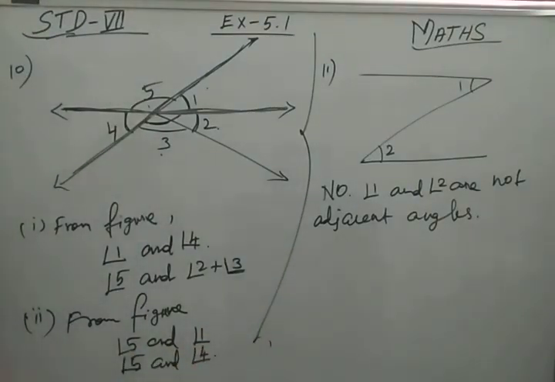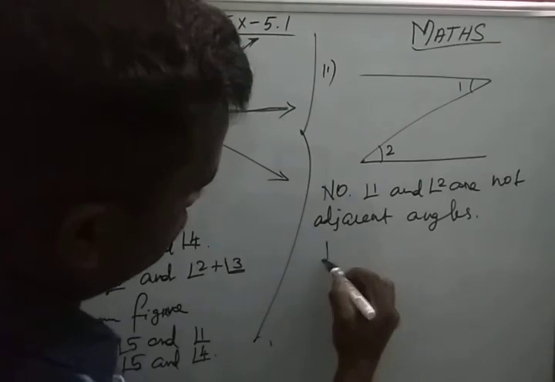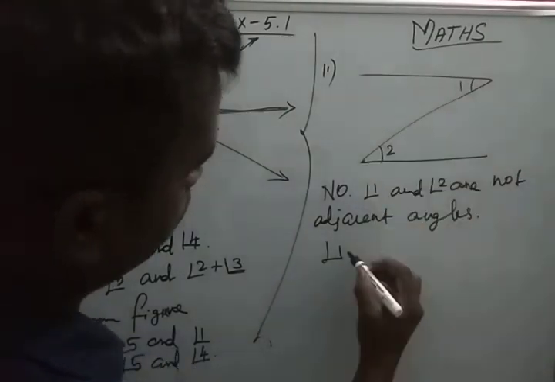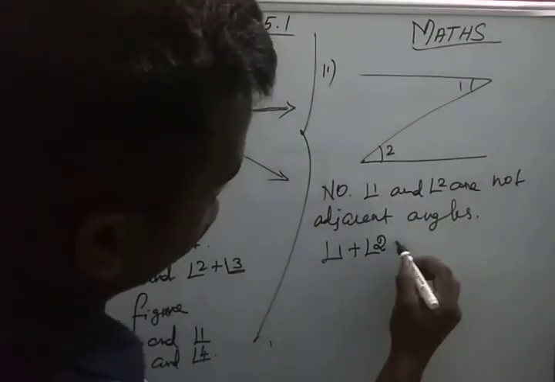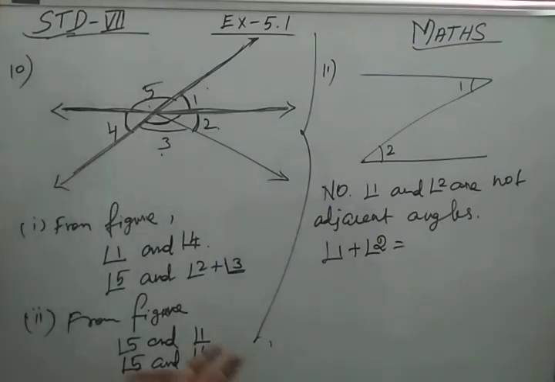When we are taking reasons, angle 1 plus angle 2, what will we get? When we add angle 1 plus angle 2, the answer will be something different.